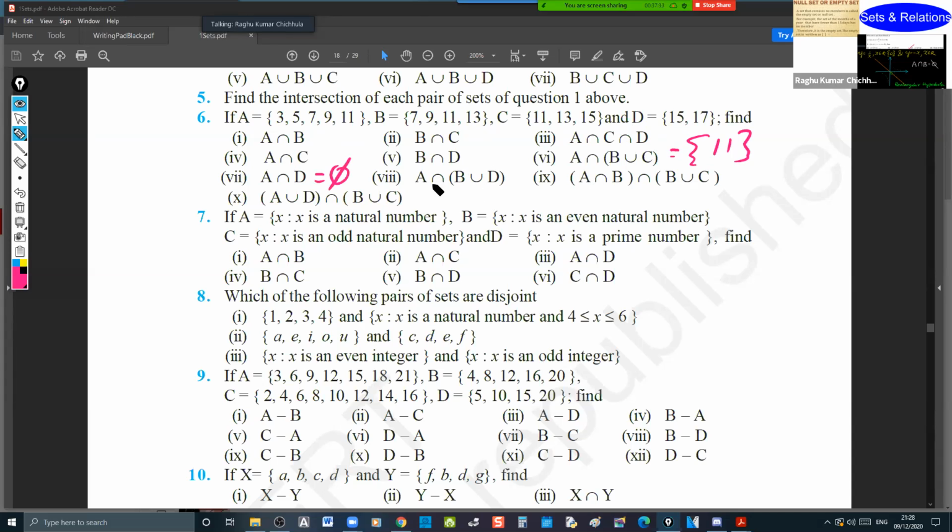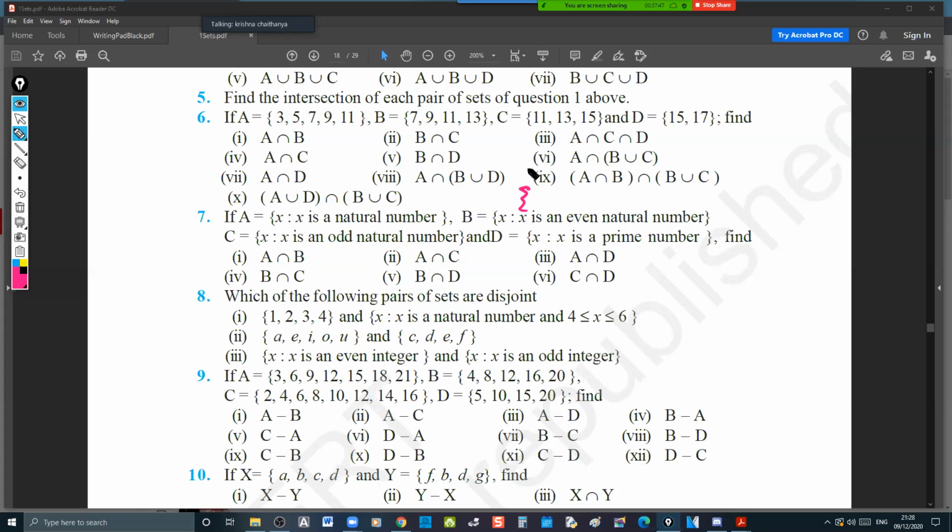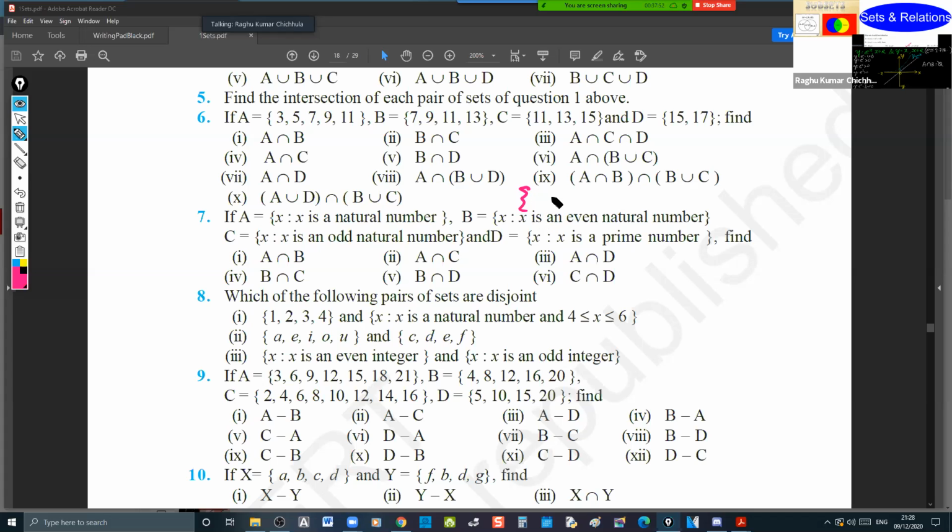Similarly, this can also be understood. A intersection B union D. A intersection B union C, please. Let me write it here itself. Come on, tell me what is A intersection B? 7, 9, and 11, yes sir.